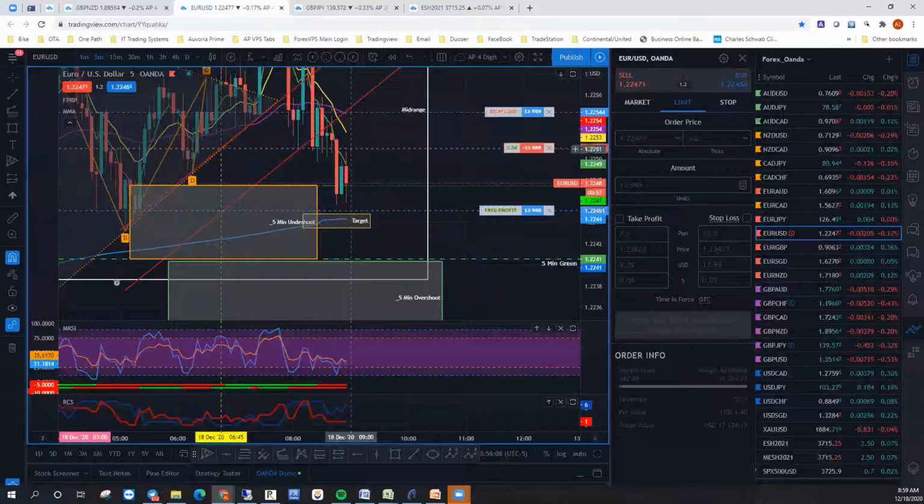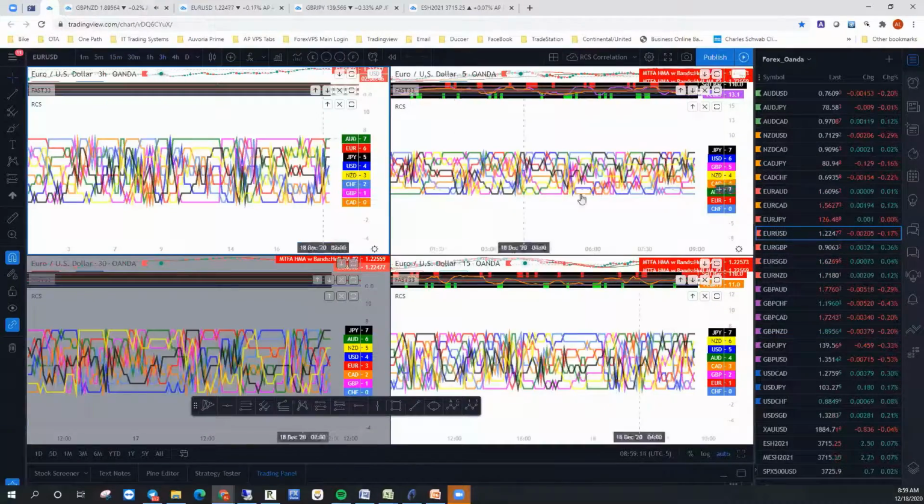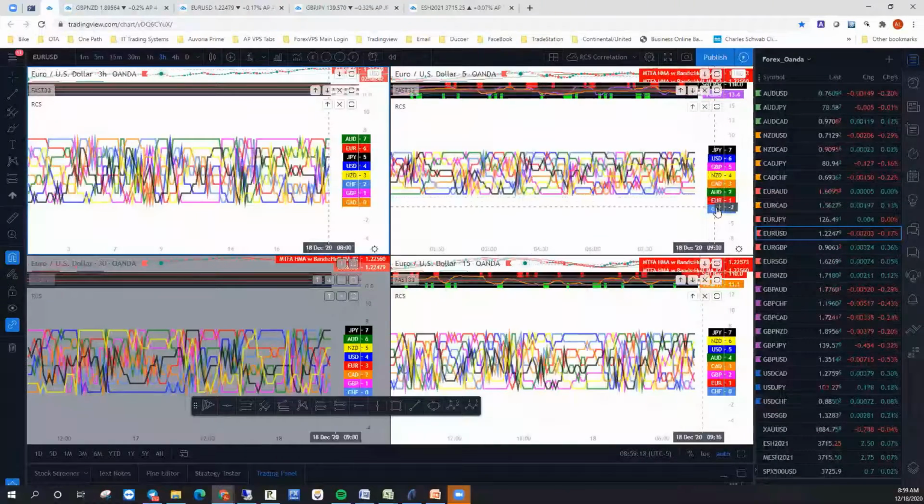This is indicating what you've seen on the 5-minute area of our correlator here. On the 5-minute chart, which is this one right here, you can see the dollar is a little bit stronger than the euro, gaining some strength. But on the 3 hours, the euro is still stronger, so it still has a little bit of upward pressure on the higher time frame.